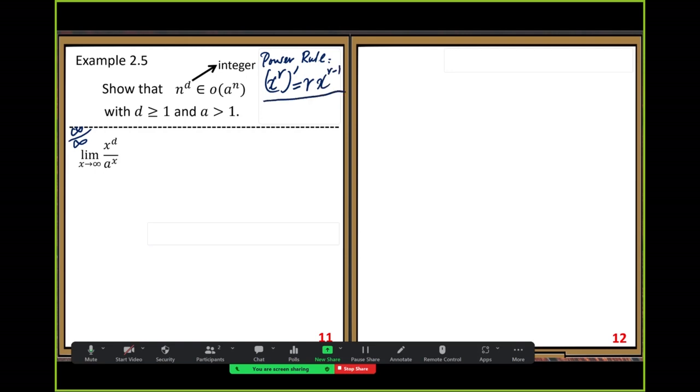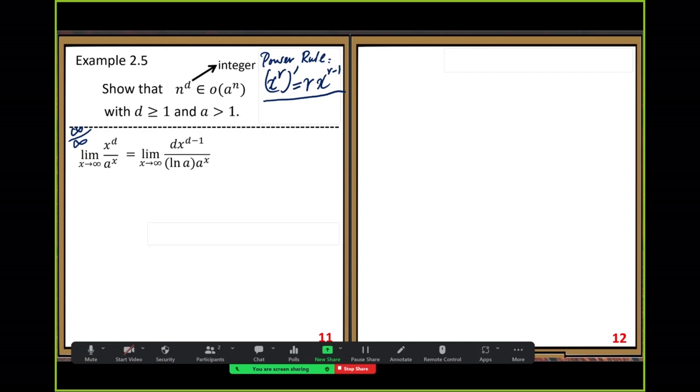Here, let's apply the power rule on the derivative of x to the dth power. That is d times x to the d minus 1 in the numerator. In the denominator, a constant part, natural log of a, which is positive because a is greater than 1, then multiplied by the original exponential function, a to the x.